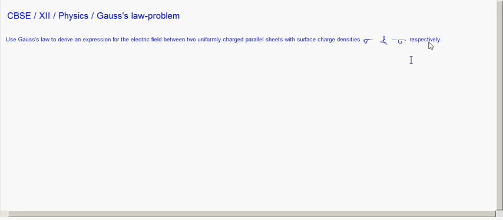So given are two plane sheets and they are placed parallel to each other with the surface charge densities plus sigma and minus sigma. I'll write the solution. So two parallel plane sheets are given.